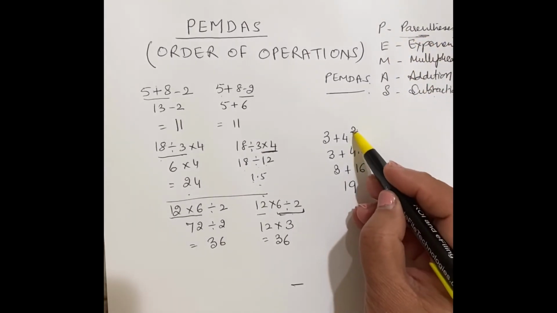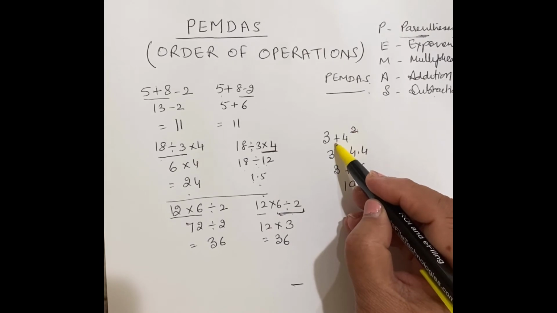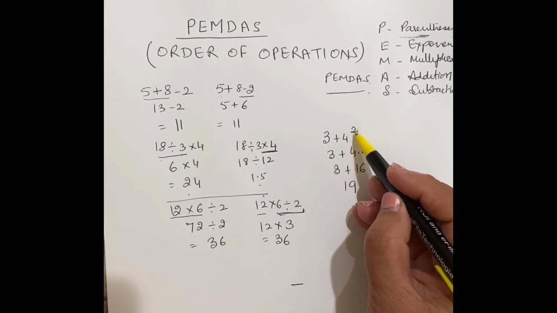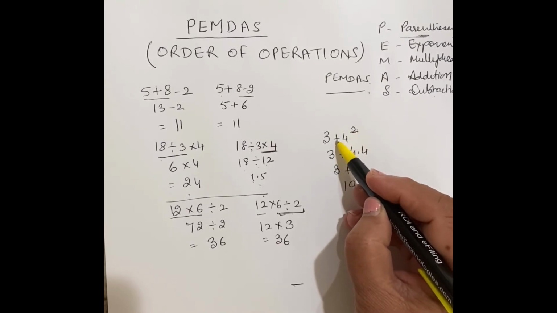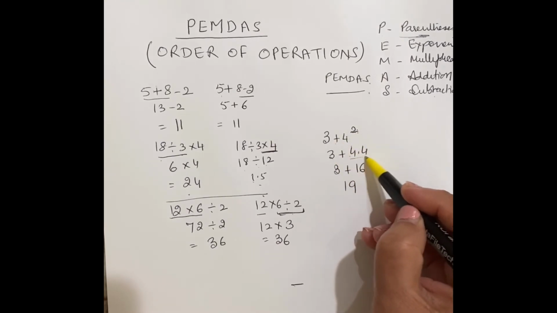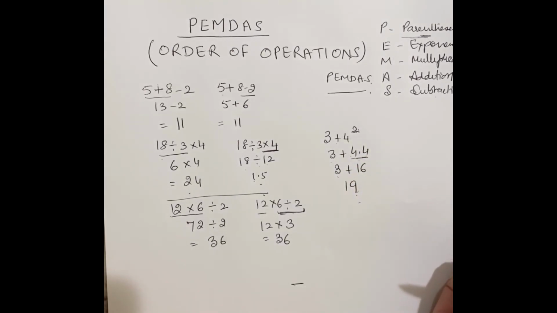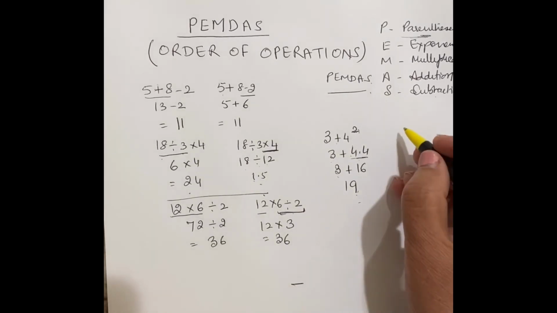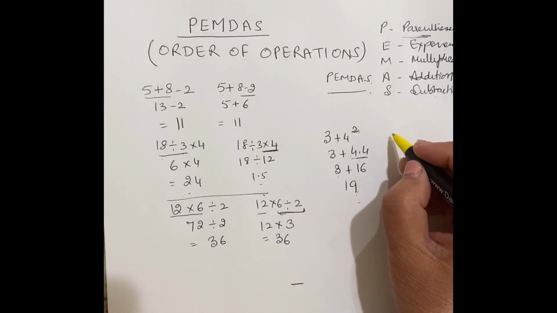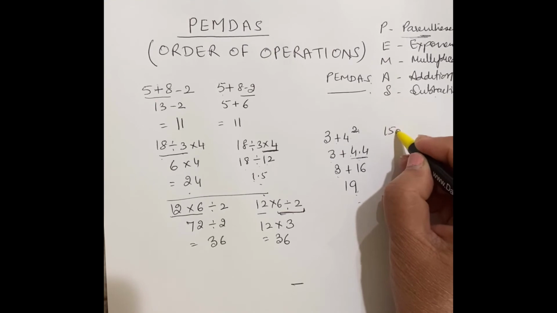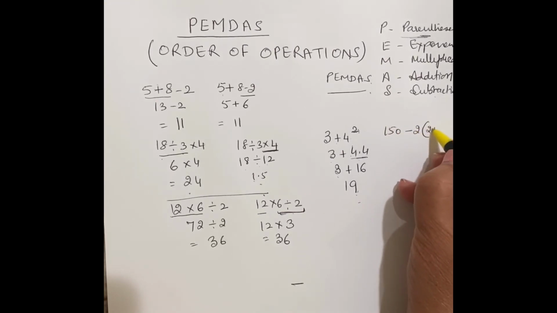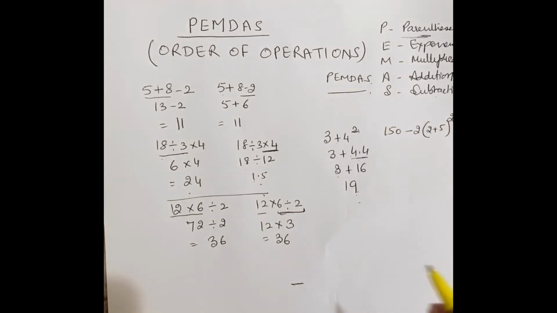Here is exponent and addition. We will calculate the exponent first and addition later. So the exponent is calculated first and then addition. The answer is 19.